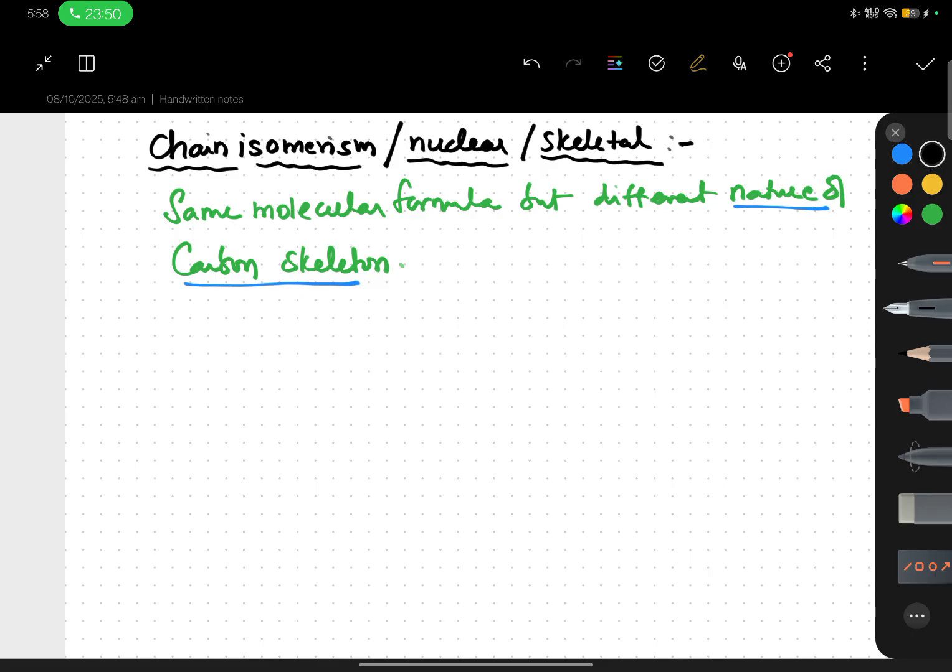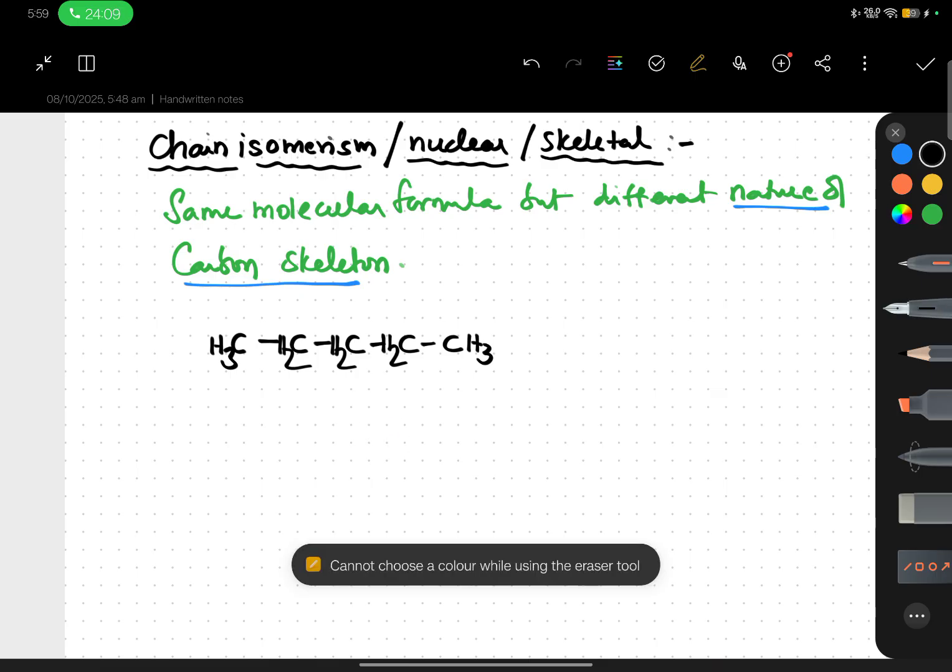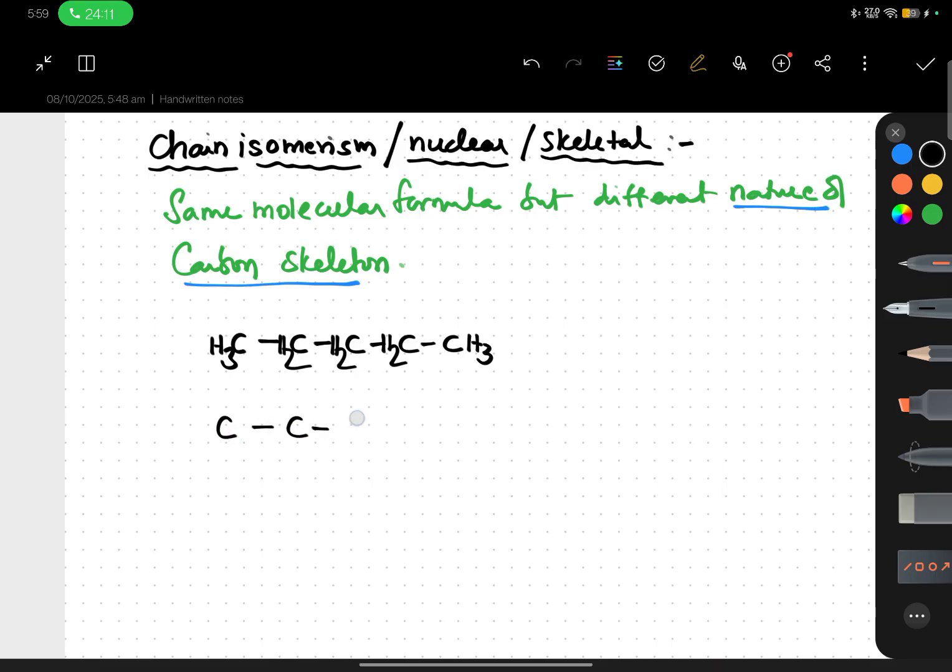Let me explain. So this is N-pentane. What is the formula? CH3, CH2, CH2, CH2, CH3. Now you take the same carbon and attach one of the carbons here. What is the formula? CH3, CH2, CH, CH3, CH3.